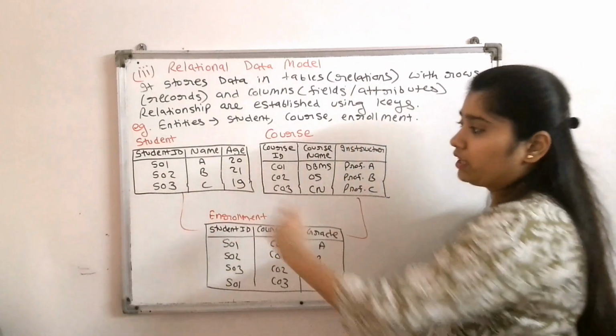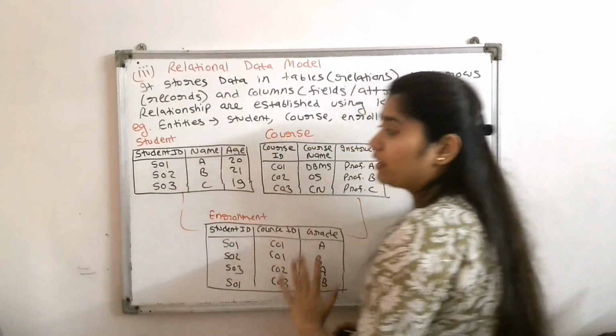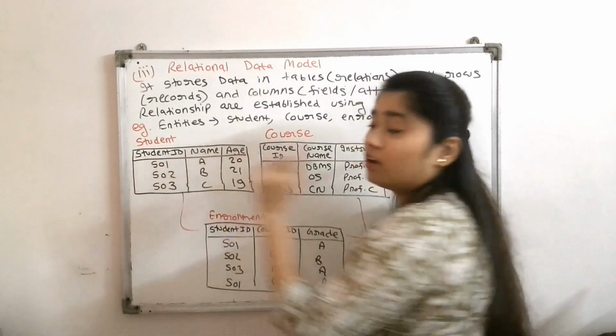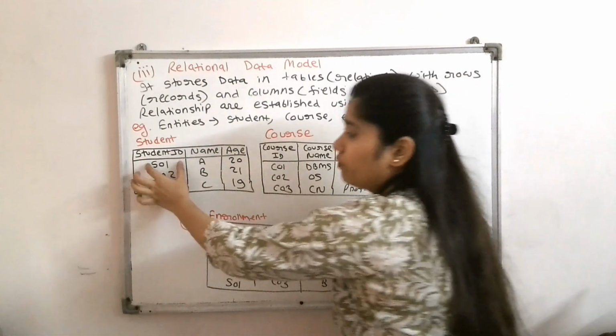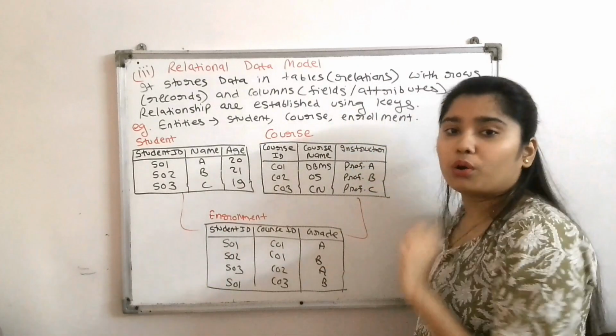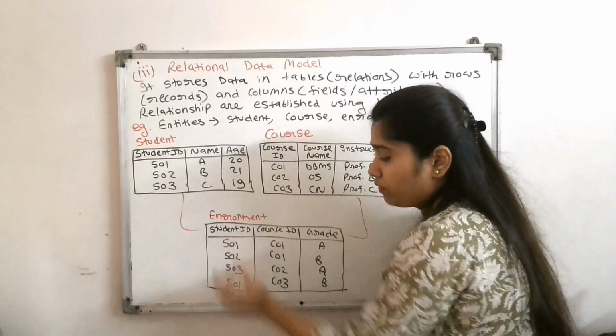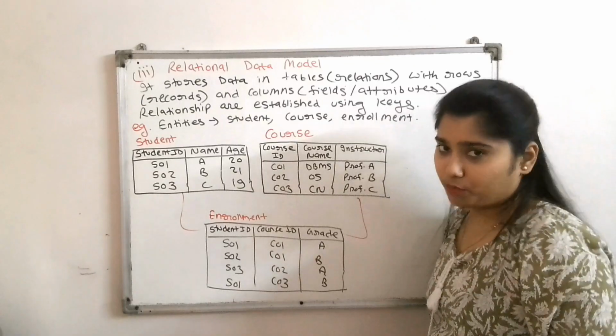See, one more thing, the information we get here is that student A, with student ID S01, has enrolled in two courses, not one. Here is S01 and here also we have S01.